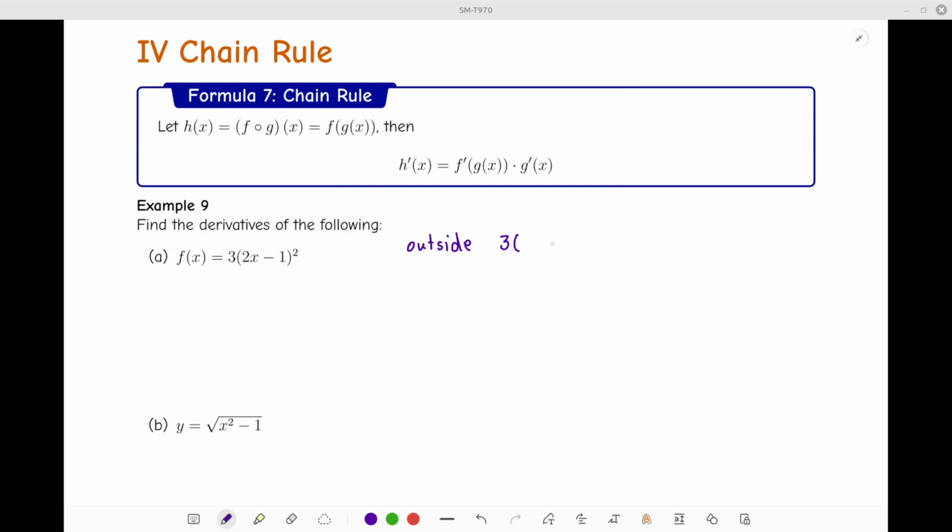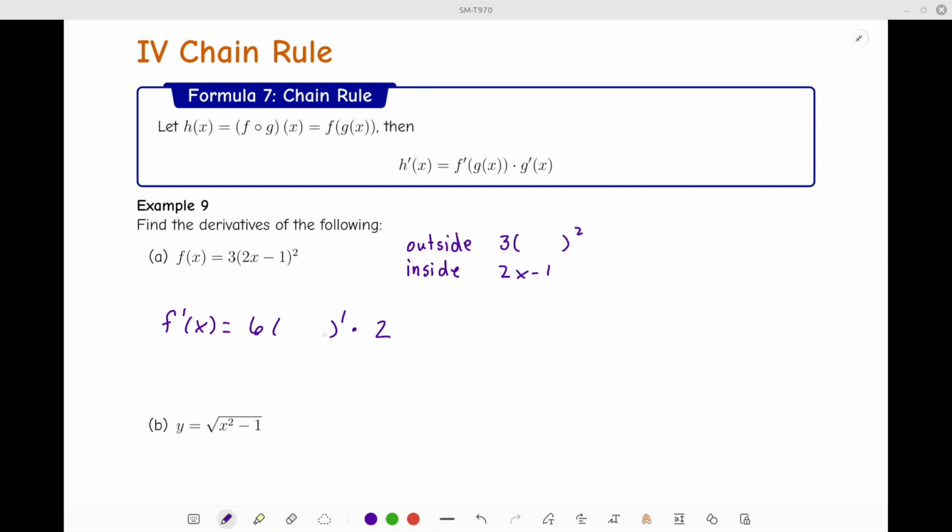is the parentheses squared. You can think of the parentheses as x, but that is what's going to contain the inside function, which is 2x minus 1. So f prime of x is the derivative of the outside, so I drop the 2 down, so 2 times 3 is 6. Subtract 1 from the exponent, so to the 1, and then times the derivative of the inside, so 2.